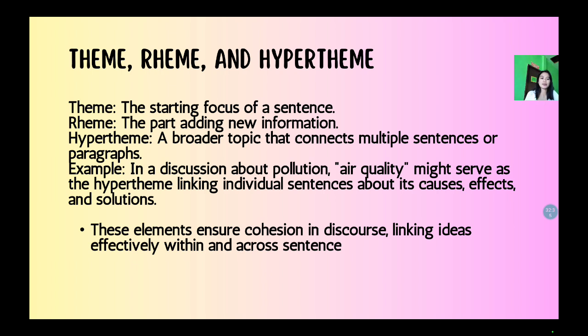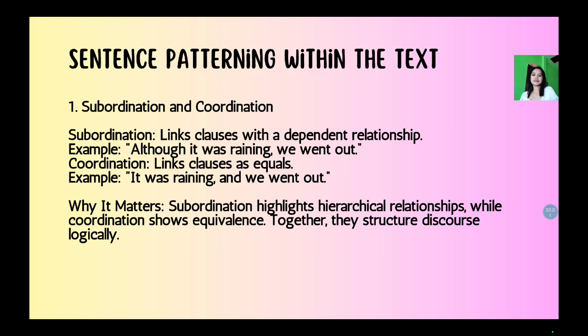In a discussion about pollution, air quality might serve as the hypertheme linking individual sentences about its causes, effects, and solutions. These three matter because these elements ensure cohesion in discourse, linking ideas effectively within and across sentences.